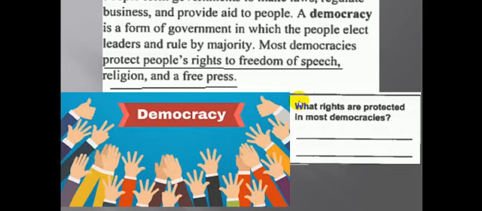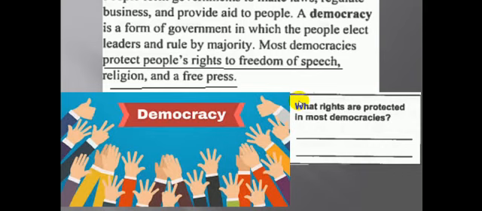We will elect leaders and these leaders will rule us by majority. Most democracies protect people's rights to freedom of speech, religion, and free press. In democracy, or these countries which have democracy, people will be protected.